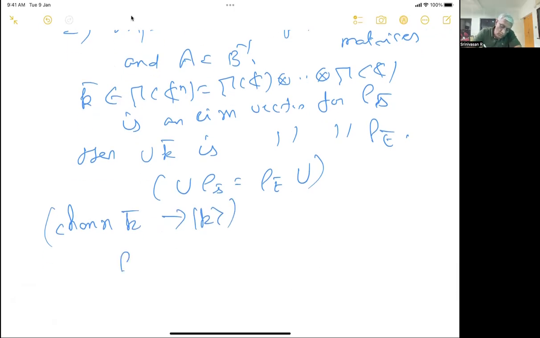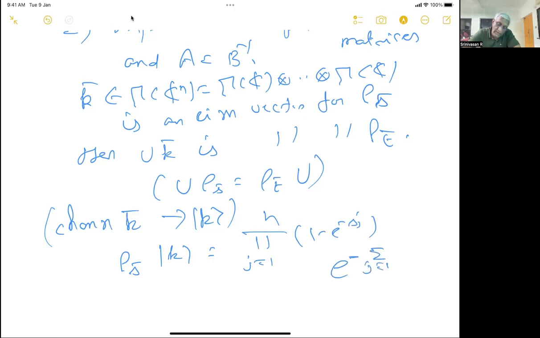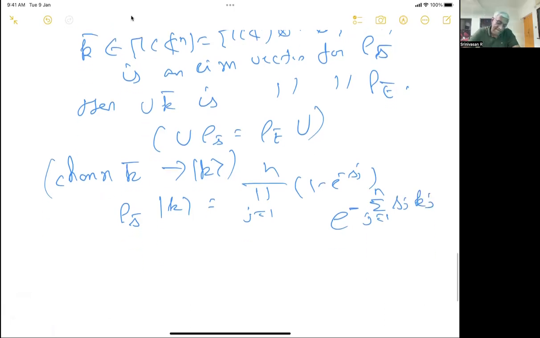So then rho S bar of K, we know what it is, which is the product over j equal to 1 to n of 1 minus e power minus Sj times e power summation j equal to 1 to n of Kj, times K bar. You'll get the same answer anyway.